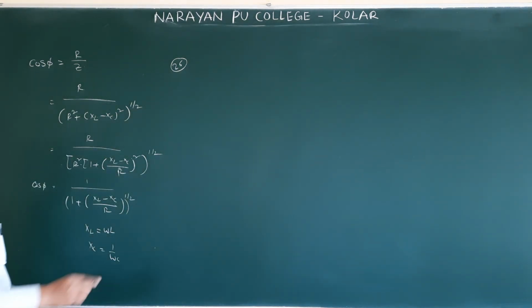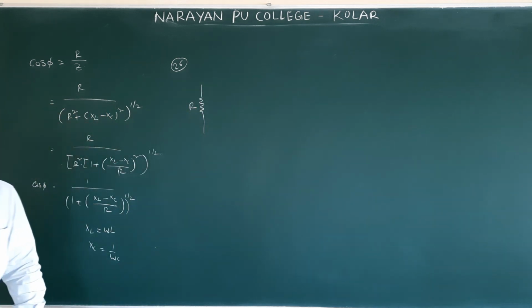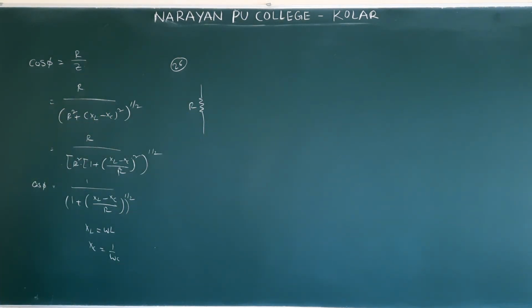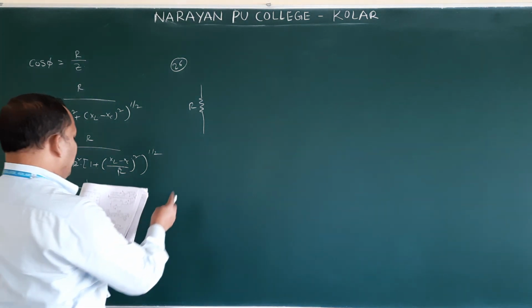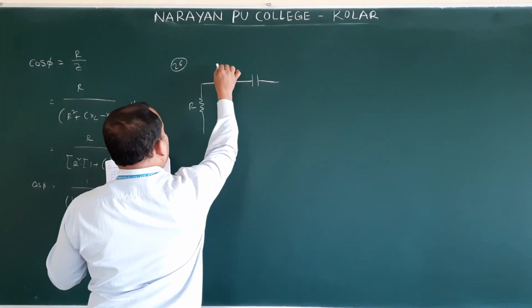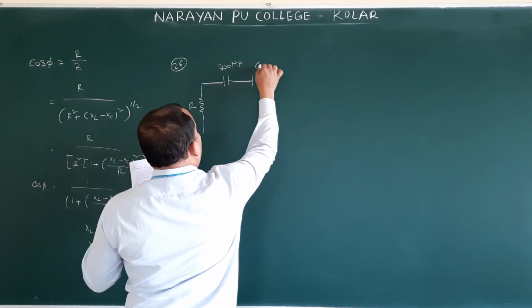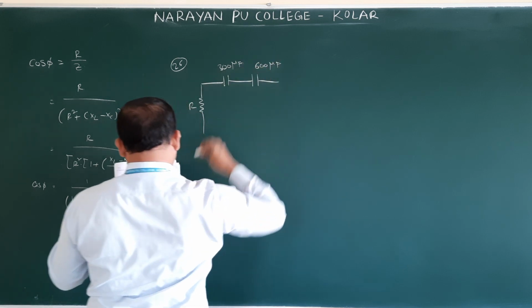You can see one resistor R, and two capacitors connected, one of 300 microfarad and another of 600 microfarad.